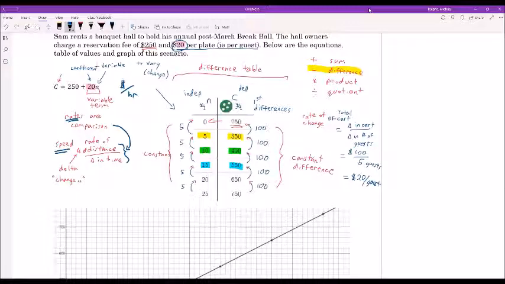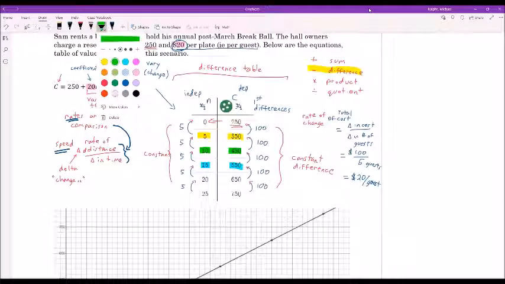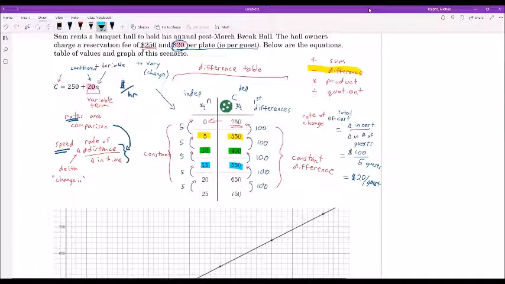I'll spell this: coefficient. When we have the variable term, we have a coefficient and a variable. The coefficient of that variable is the rate of change. I'll use blue here. So this coefficient of this variable is the same as the rate of change.